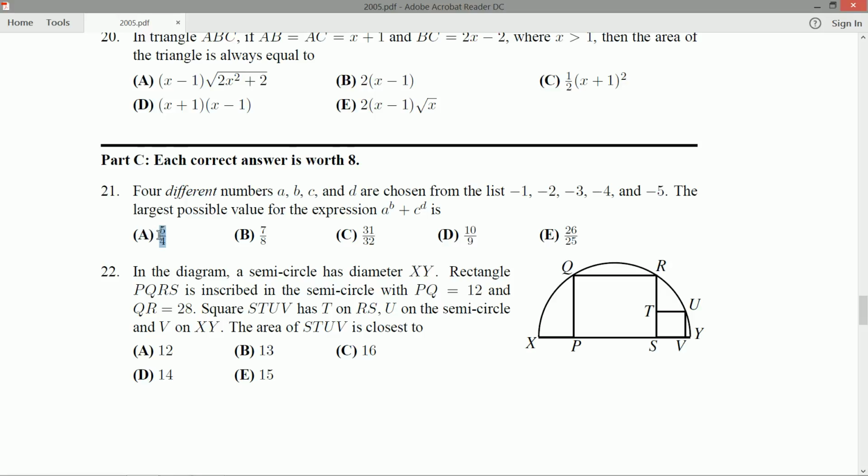Well, how would I get 5 over 4? I would need something like 1 plus 1/4, right? No matter what B and D and A and C are, we would need to get negative numbers.